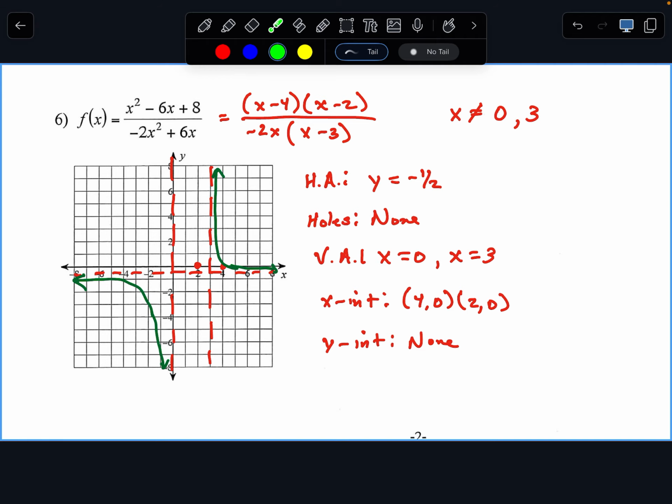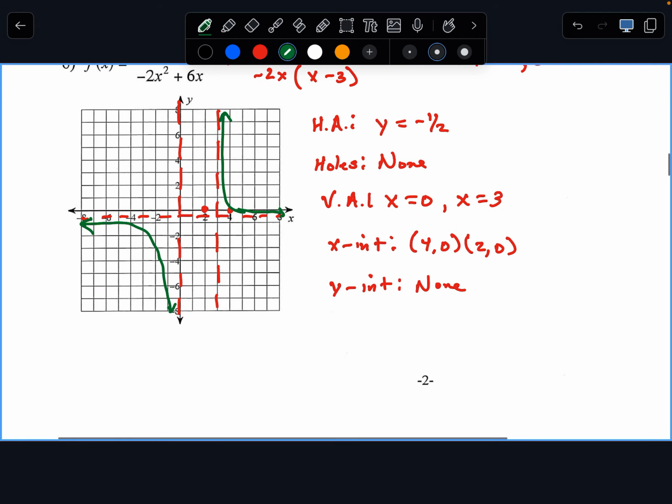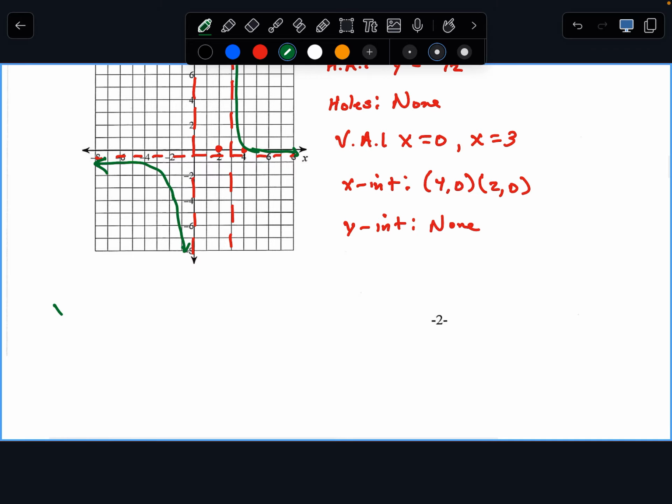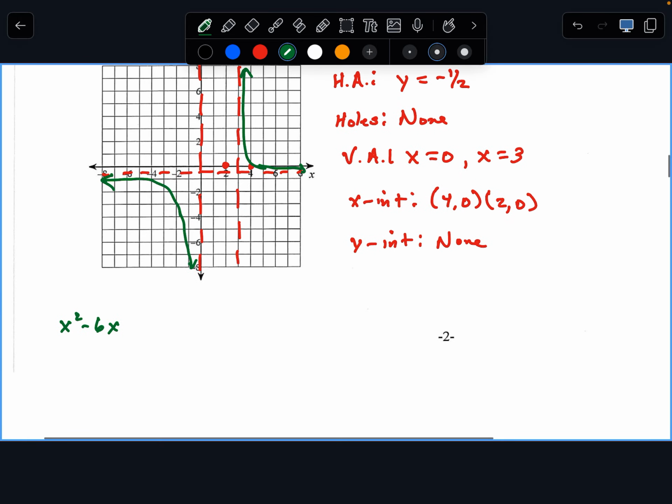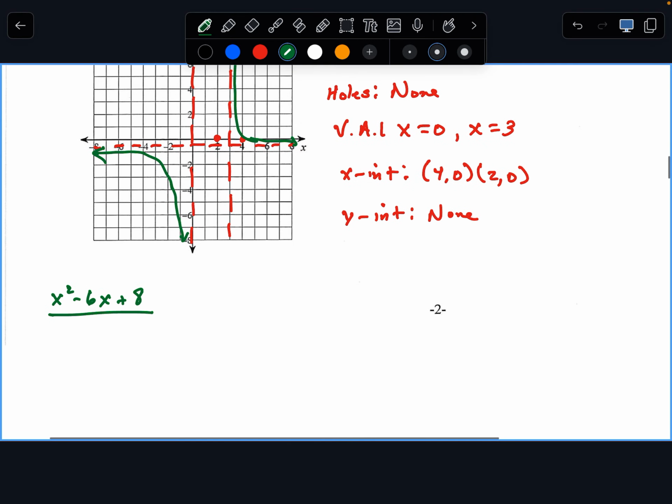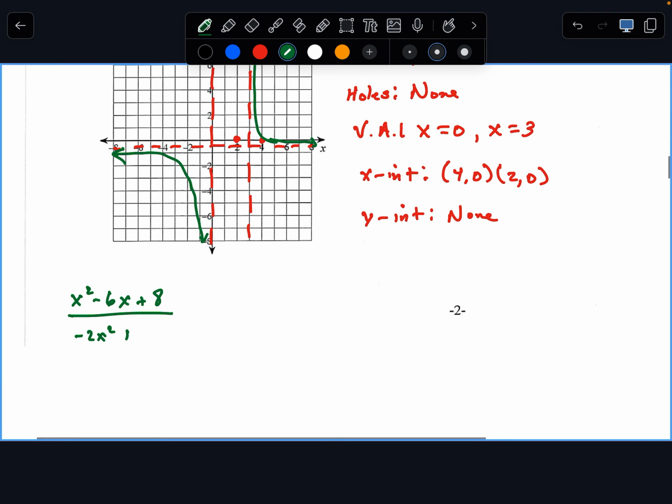Let's do it. If we take the original, x squared minus 6x plus 8 over negative 2x squared plus 6x, and I set it equal to a negative 1/2.